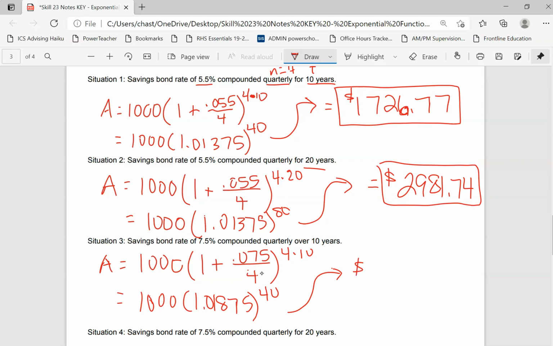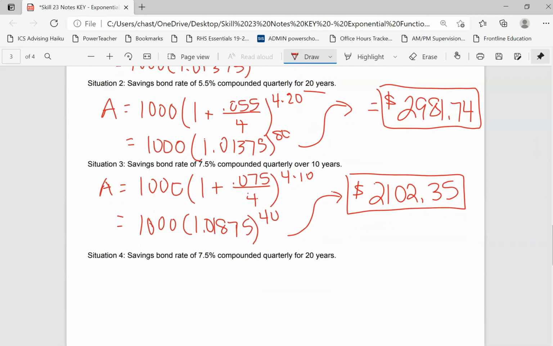So compare this to the answer we got in situation 1. And that gave us $2,102.35. So with a higher interest rate, we got a few hundred more dollars over that 10-year period.